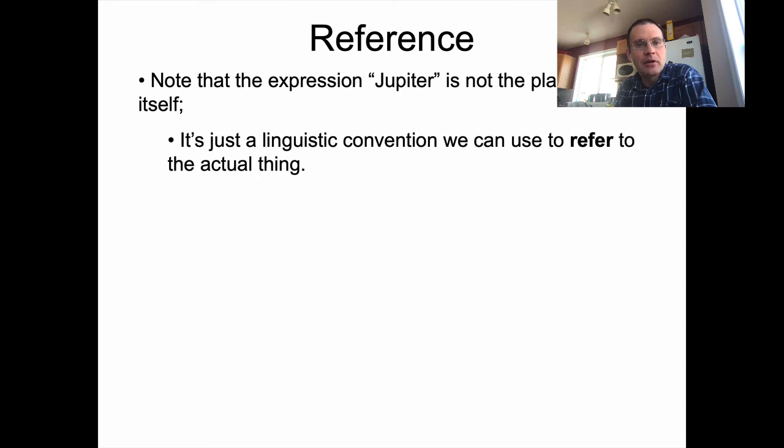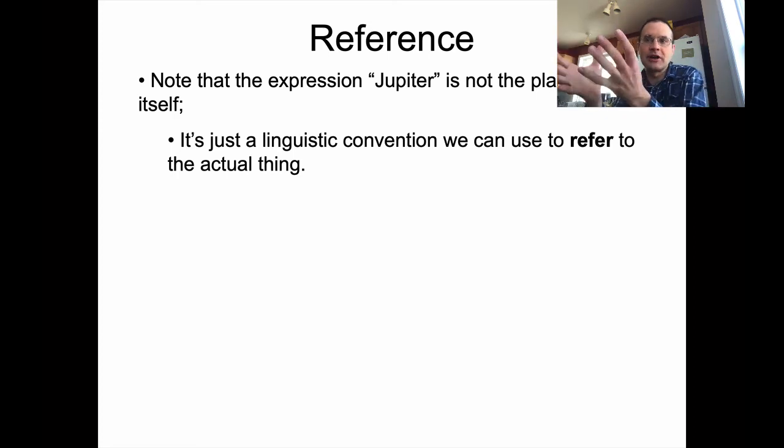Okay, so I'll pause here for a second and talk a little bit about reference. So we have expressions like Jupiter, or the Earth, Saturn, Nibiru, whatever. Let's focus on the real things for now. But we have these expressions that refer to things, but are not actually the things themselves.